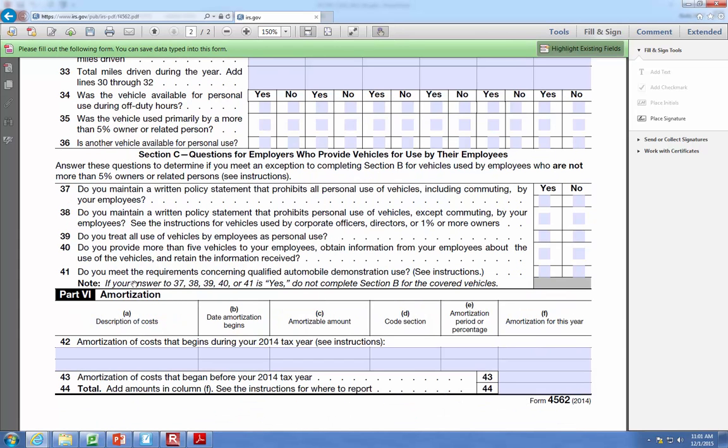And lastly, Section 6. And you can see again, this is split into two parts, line 42 and 43. 42 is for amortizing anything that you acquired during the current year. And 43 is for every amortizable item that you've acquired in a prior year. And what kinds of assets do we amortize again?